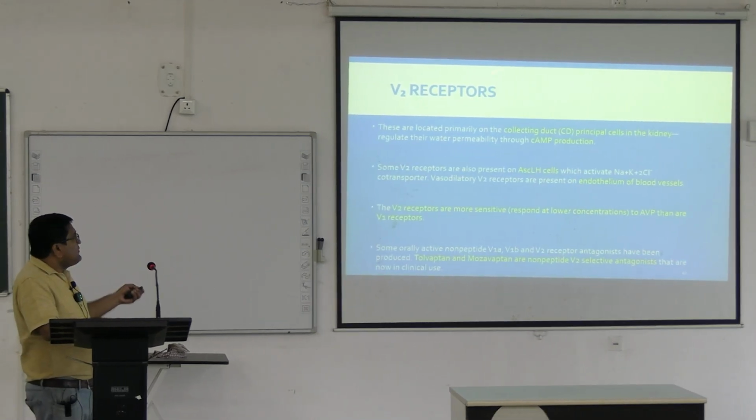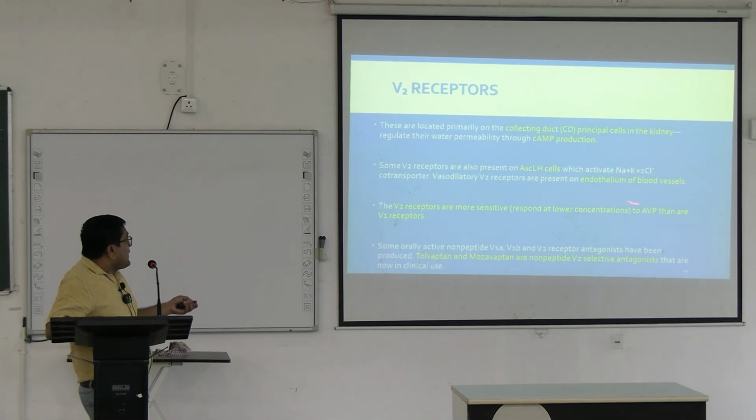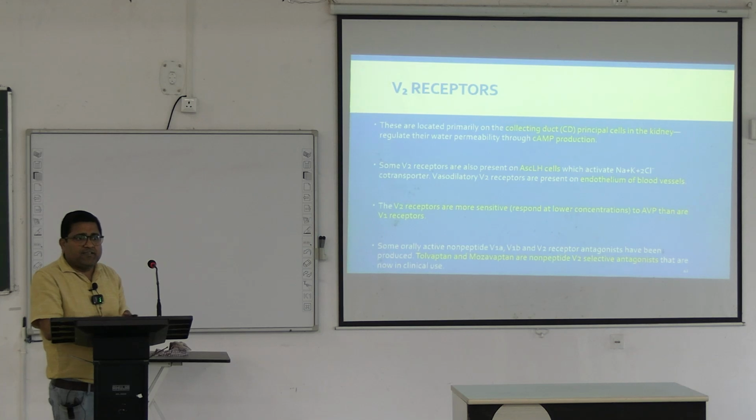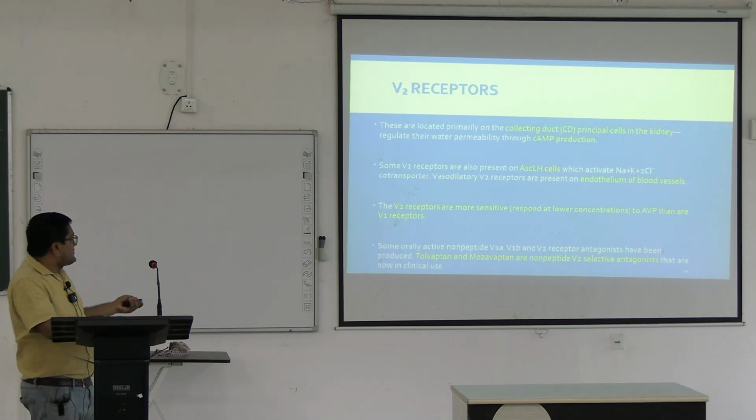Now, V2 receptors are primarily present in the collecting duct cells and they are basically Gs protein coupled receptors. They increase the formation of cAMP, cyclic AMP production, and they are primarily present in the collecting duct principal cells. Some V2 receptors are also present in the ascending limb of loop of Henle, and in the endothelium of the blood vessels.